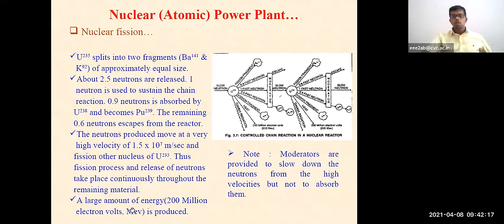So a large amount of energy, that is 200 million electron volts, is produced. 200 million means 200 into 10 to the power of 6, that is 200 megawatt, like that it is being produced.